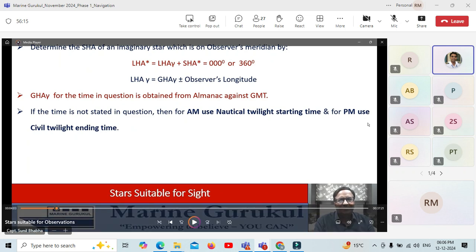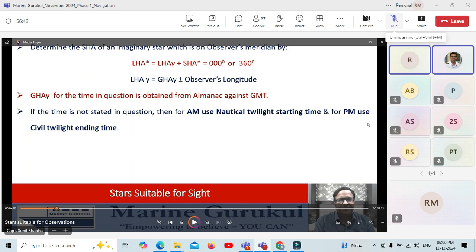So beta, can you tell me now why for AM we are using nautical twilight starting time and for PM we are using civil twilight ending time? Why is it so? Sir, below nautical twilight the horizon is not clear, so we will not be able to take observation.